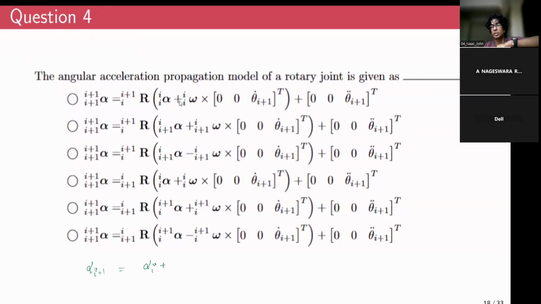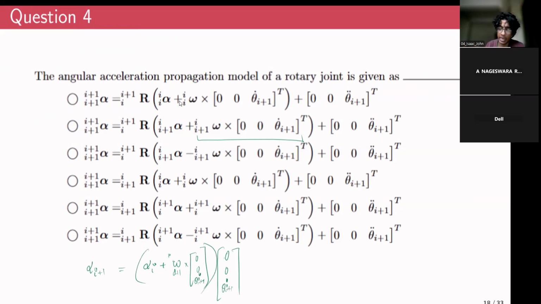Like if it's a rotary joint, the rotary joint can have a linear velocity and an angular velocity. So we'll have the term 0, 0, theta I plus 1 dot, plus, due to the coupling effect of the angular velocity of the previous joint, we'll also have one more coupling term, something like this, I omega I plus 1 cross producted with 0, 0, theta I plus 1 dot.